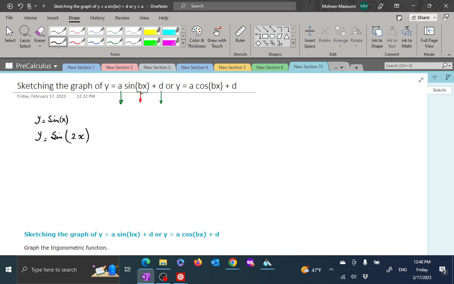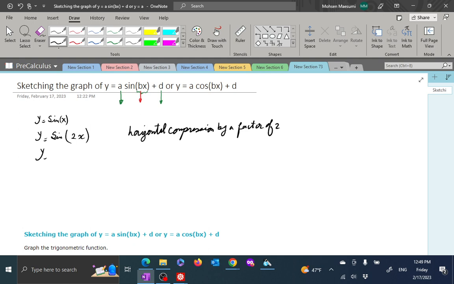We said as far as transformation is concerned, this is going to compress the picture by a factor of 2. So this affects the x: horizontal compression by a factor of 2. So everything is going to happen twice as fast.